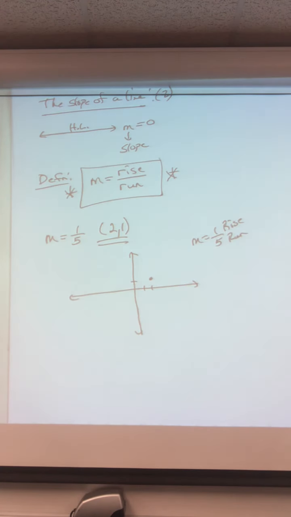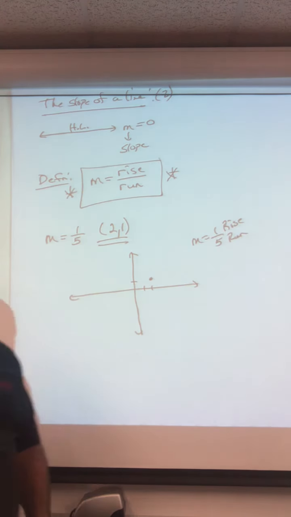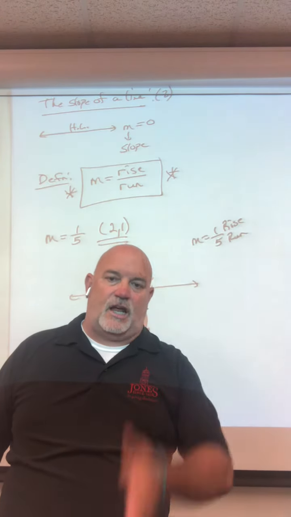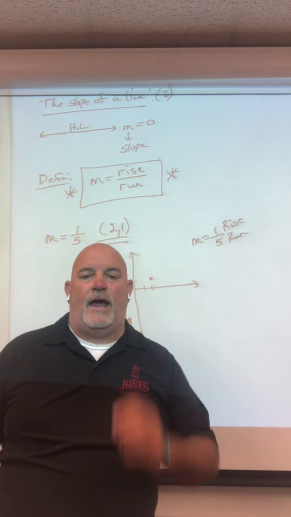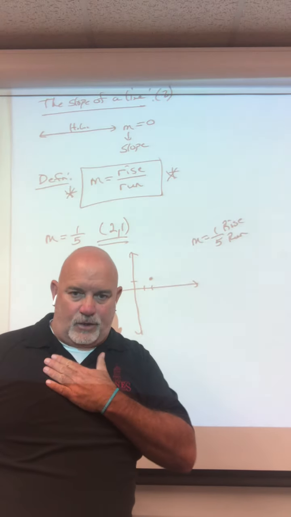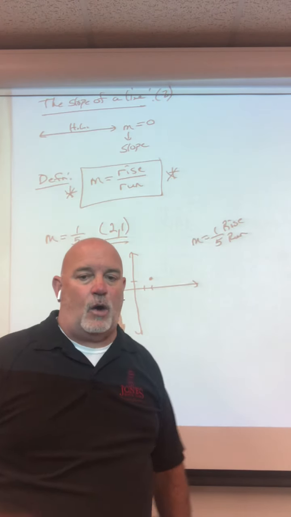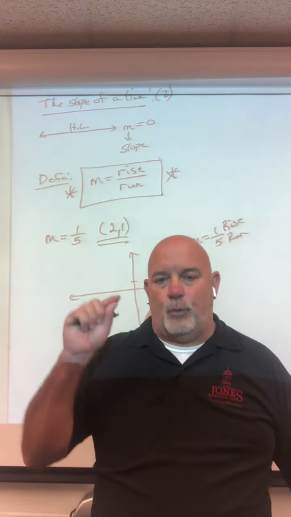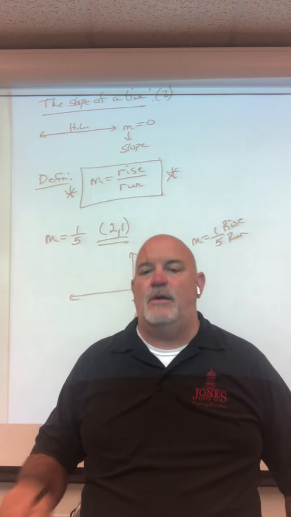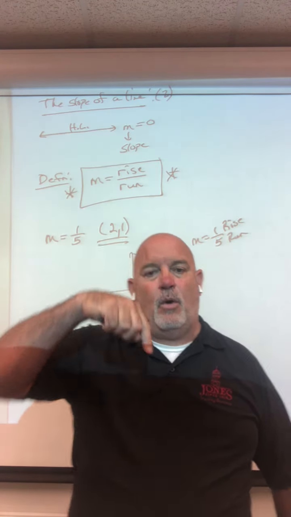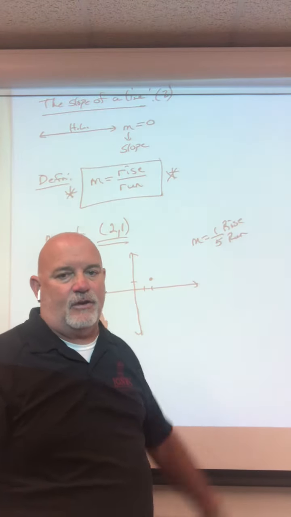A rise is a vertical movement. That means up or down, just like riding on an elevator. Run, the way I do it, is always to my right. Rise is either up or down, depending on whether it is positive or negative.